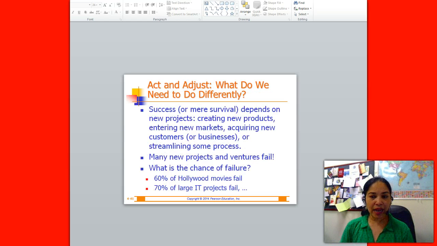And act and adjust will answer the question, why do we need to do it differently? So success will depend on new projects, creating new products, entering new markets, acquiring new customers, or streamlining some processes.